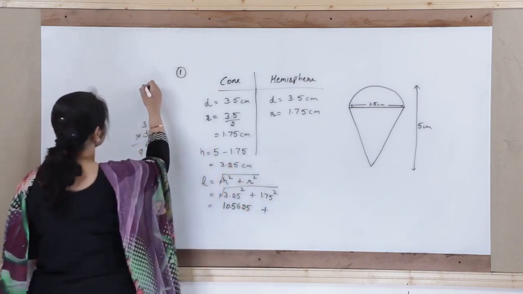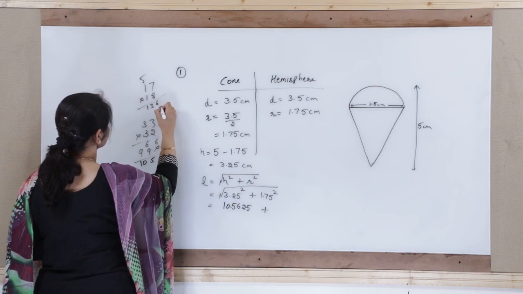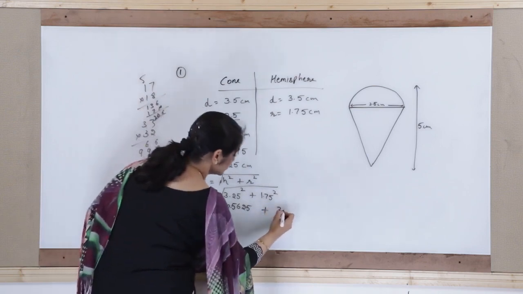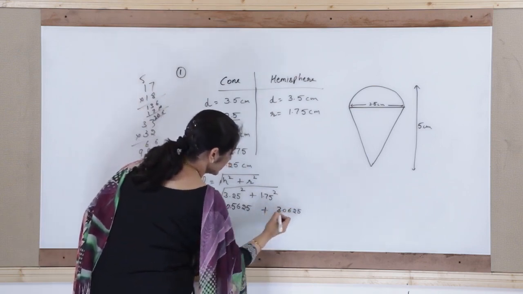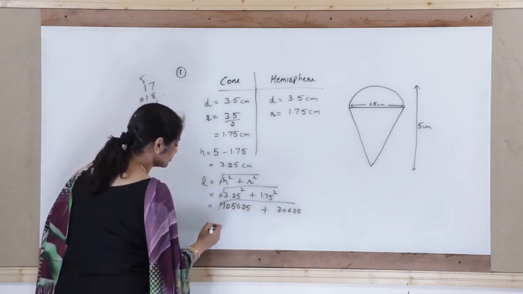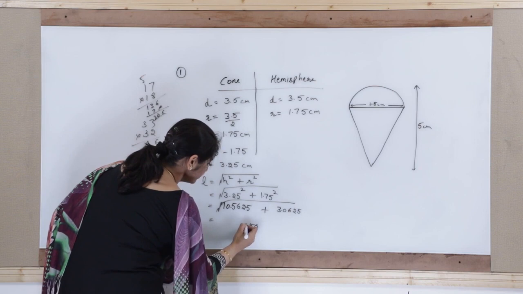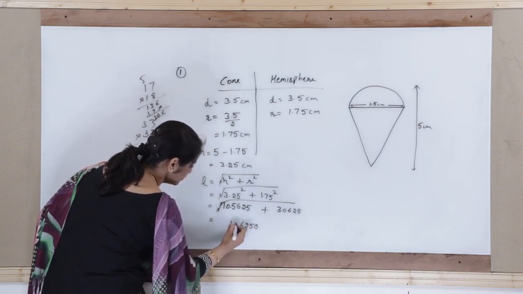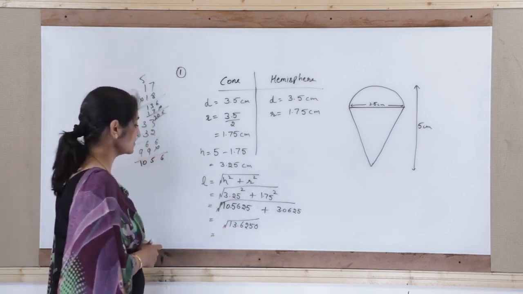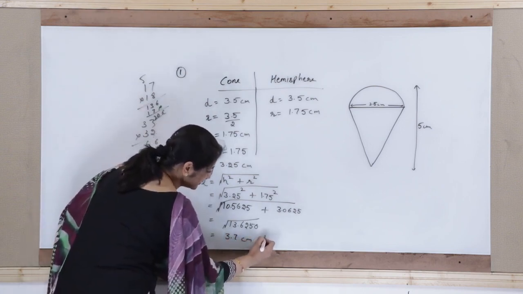Similarly, for 1.75, it will give us 30625. I hope you know this shortcut of finding the squares. Okay, now the square root. Adding this, we will have 0, 5, 2, 6, 1, 3. Now we need to find out its square root. I hope you know how to calculate the square root of these numbers. So its square root will be 3.7 centimeters approximately.